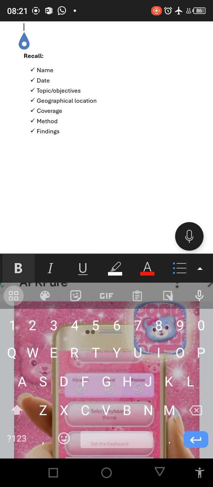You write the dates. You write either the topic or objective. In my own case, I would have preferred to write the broad objective instead of the topic, and not write those specific objectives, because objectives are divided into 3. When we get there, we're going to talk more about it.